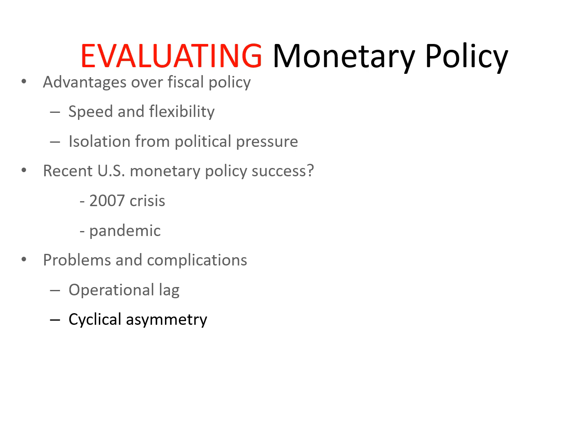Cyclical asymmetry is an interesting criticism of monetary policy. Economic history suggests that contractionary monetary policy implemented by the Fed is far more effective at reining in inflation than expansionary monetary policy is at stimulating consumer and investment spending during an economic downturn.